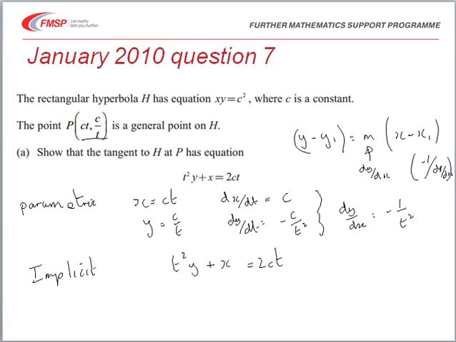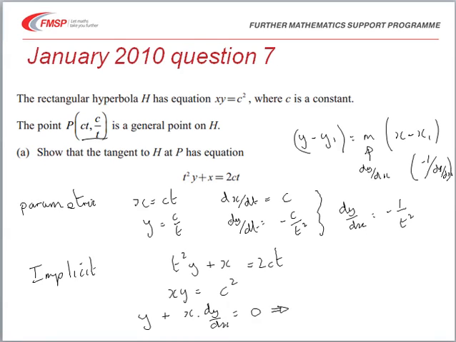We need to take the equation xy is equal to c squared and differentiate that. This is a product, so that we get y plus x multiplied by dy by dx is equal to the derivative of c squared, which is 0.